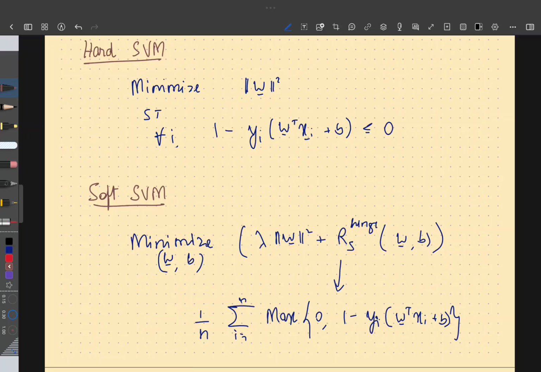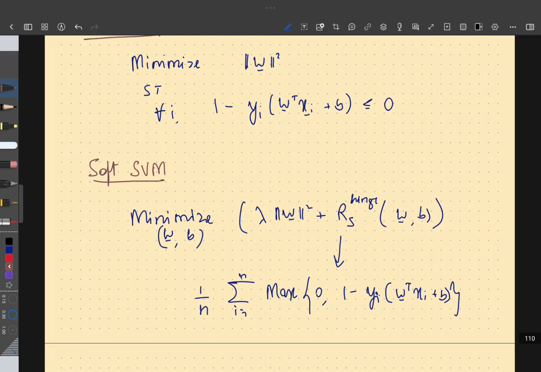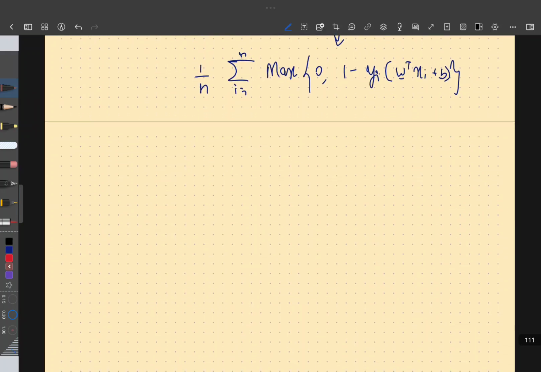If you choose a very rich class, then one of the terms is going to increase. If the class is not too rich, you may get a small estimation error but a poor approximation error.